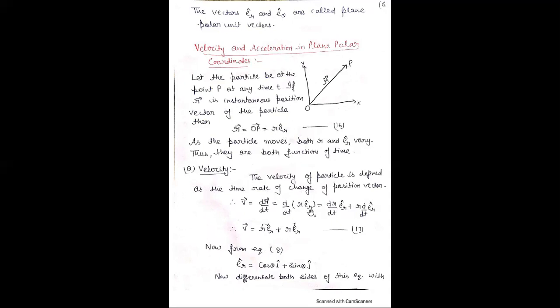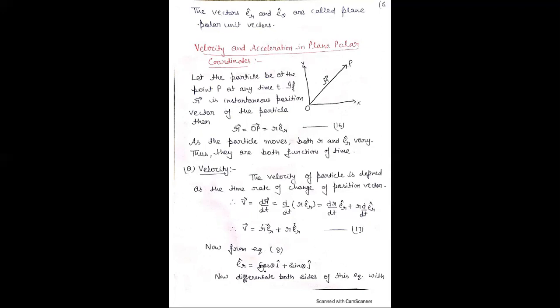Here e r also changes with time, therefore this quantity is not constant, it is a variable, so we use the product rule: first differentiation of first and second as it is, plus first as it is and differentiation of second. Now v is equal to r dot e r unit vector plus r e r dot, where we denote differentiation with respect to time by a dot.